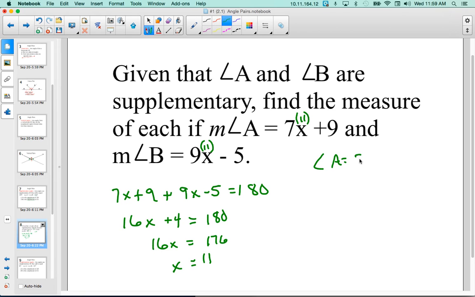So angle A equals 86 degrees. 9 times 11 is 99, and 99 minus 5 is 94. So angle B is 94. These should add together to give us 180. Add 6 onto 94, you get 100. 100 plus 80 is 180. So they both check out.